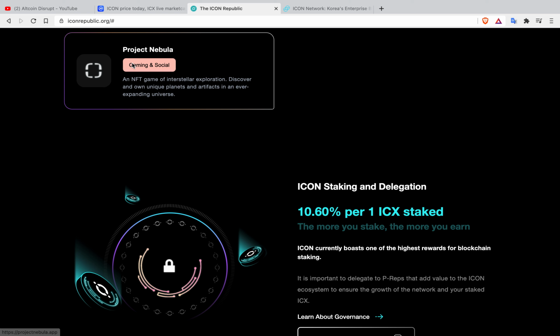Not to mention gaming and social media NFT and Project Nebula. What is Project Nebula? An NFT game of interstellar exploration: discover and own unique planets and artifacts in an ever-expanding universe.